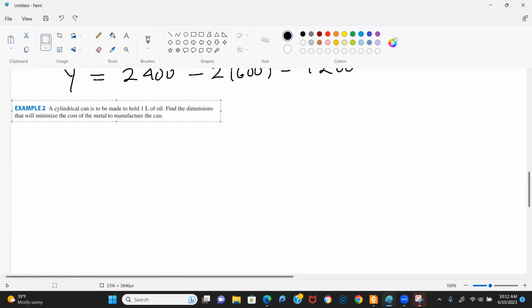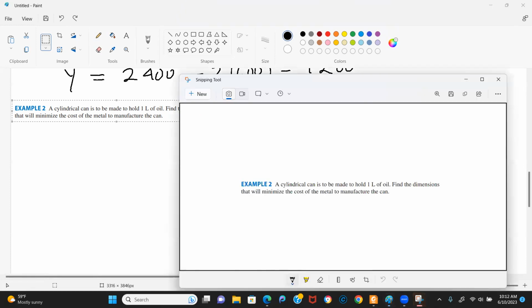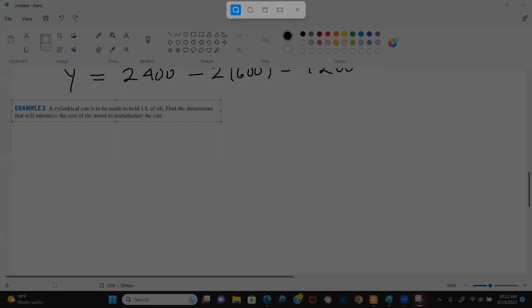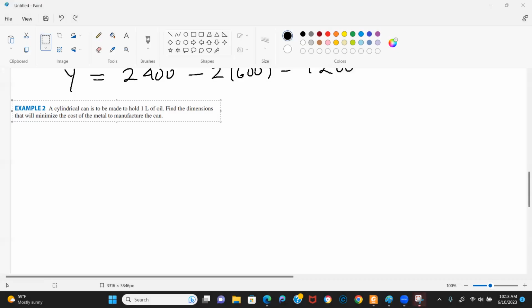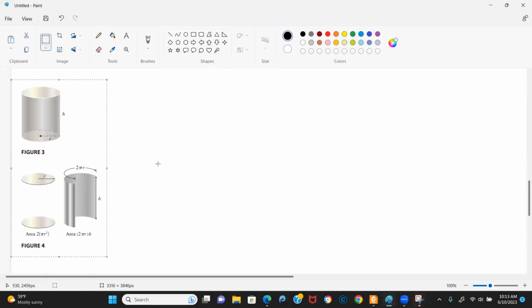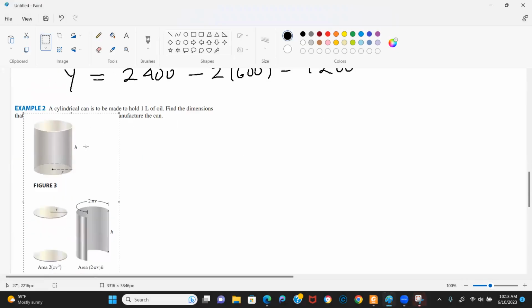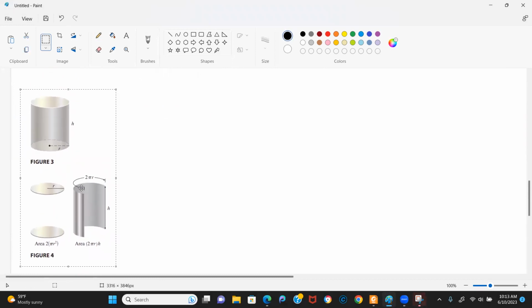So here's the setup. Let me extract another diagram rather than trying to draw it. We have this cylindrical can, and what we need to figure out is the amount of material used.